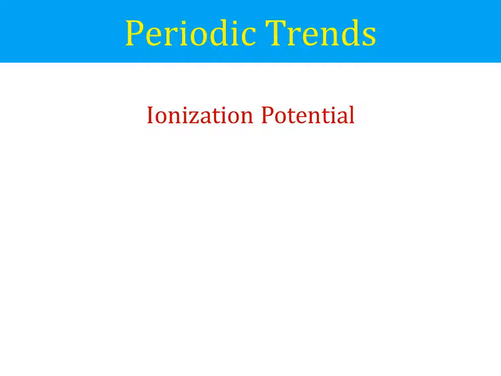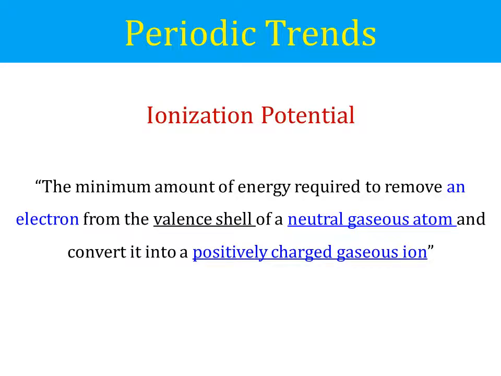Ionization potential is the minimum amount of energy required to remove an electron from the valence shell of a neutral gaseous atom and convert it into a positively charged gaseous ion. My God, such a big definition.